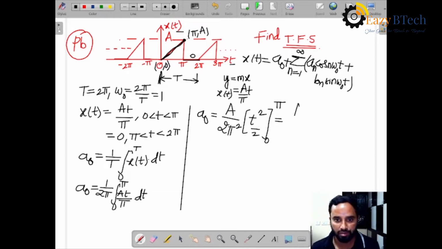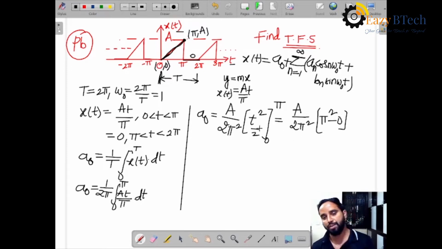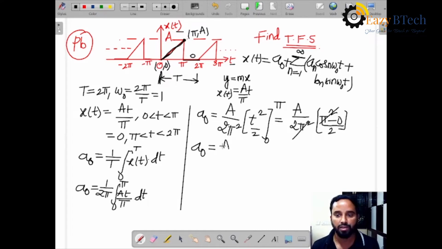So 2 pi square, here pi square minus 0. After substituting the upper limit pi square and the lower limit 0, and the division by 2, we can take it. So here pi square gets cancelled. Now what is remaining? A by how much? 4. This is a naught.